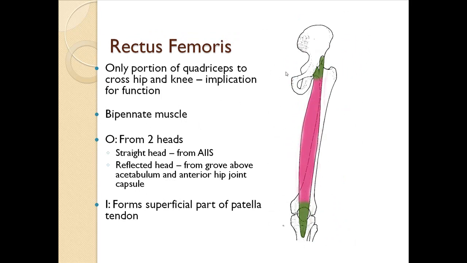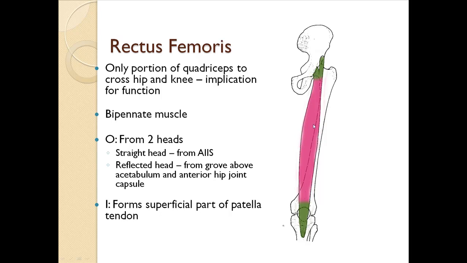So starting with the first muscle, this is rectus femoris. I say it's the most superficial of the quadriceps. It arises proximally from two heads. It's a bipennate muscle that has a two-headed attachment. This top head here is known as the straight head, and it arises directly from the anterior inferior iliac spine, and the reflected head here lies deep to it and attaches onto a groove sitting just above the acetabulum and from the anterior surface of the hip joint capsule.